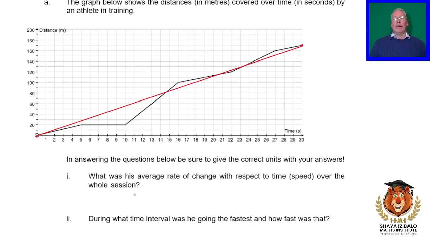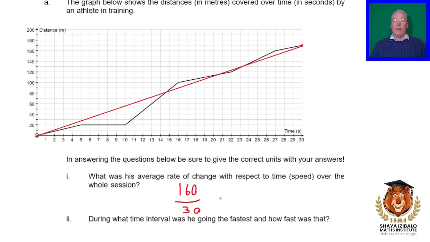So actually, how far have we risen? Well, 160 meters. Just hoping I'm reading this across correctly. Yeah, 160 over 30. All right, and that will be an average speed.